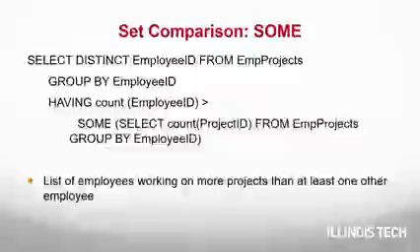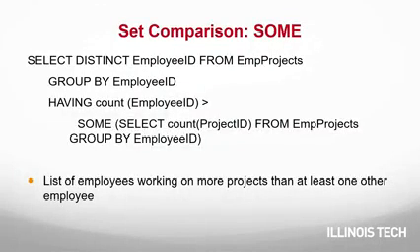In the same way that we can use all to look at every value in the set and require some comparison, greater than everything in the set, less than everything in the set, or something like that, we can also specify that we want a condition to apply to some, at least one of the items in the set. And we use the keyword some to do this. So suppose we want to find, instead of the employees that work on the most projects, the employees that work on more projects than at least somebody.